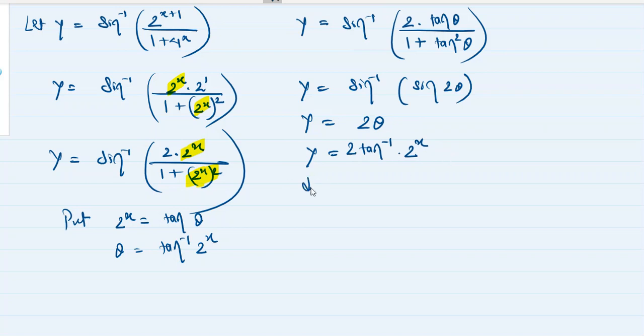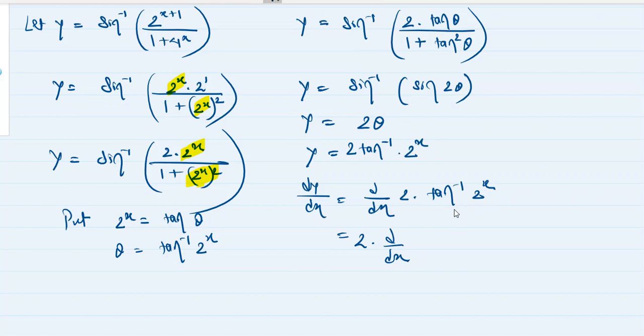Okay, now let us find dy by dx. So dy by dx is equal to d by dx of 2 multiplied by tan inverse of 2 raised to x. 2 will come outside. Now d by dx of tan inverse of 2 raised to x is a function within a function, so basically we have to use the chain rule.